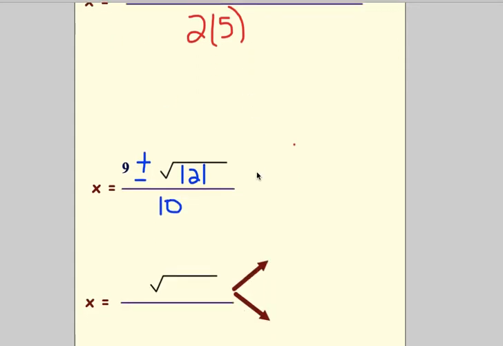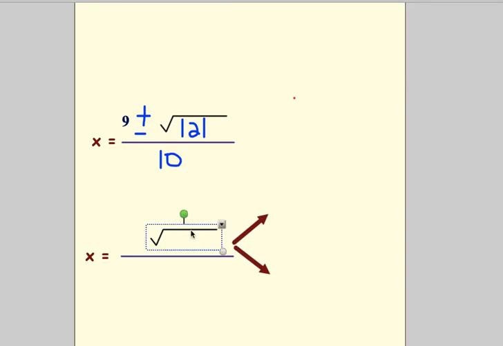So all I have to do now is take my 9, and I'm going to add or subtract. I believe it's 11. And then when I'm done with this, I'm going to divide it by 10.